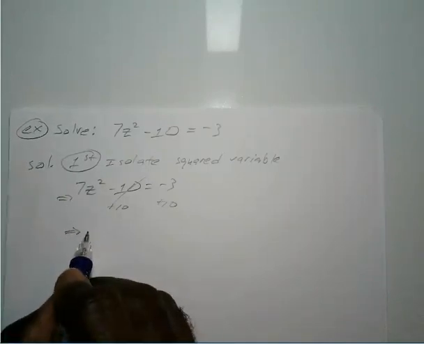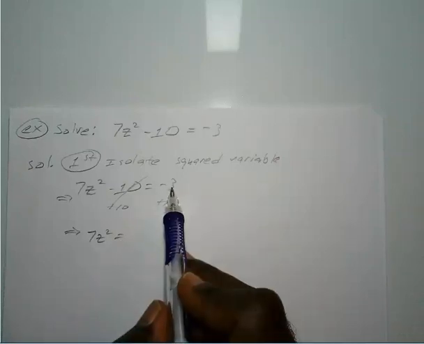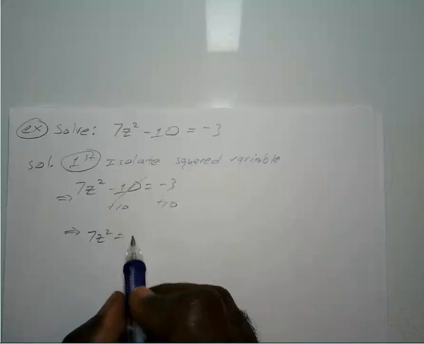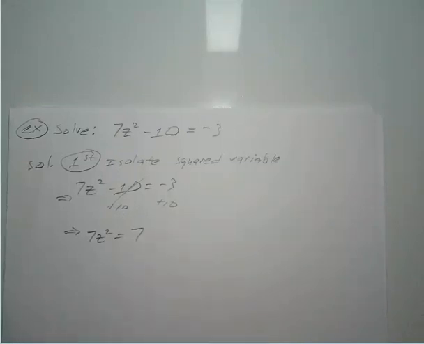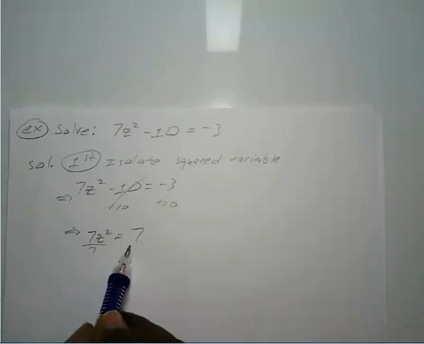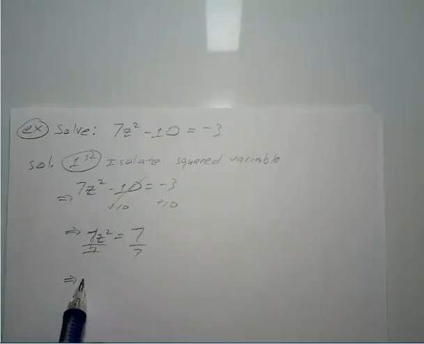So we go to 7z squared equals negative 3 plus 10, which is positive 7. So now we go ahead and divide both sides by 7. Anything divided by itself is just 1. So we have z squared equals 1.